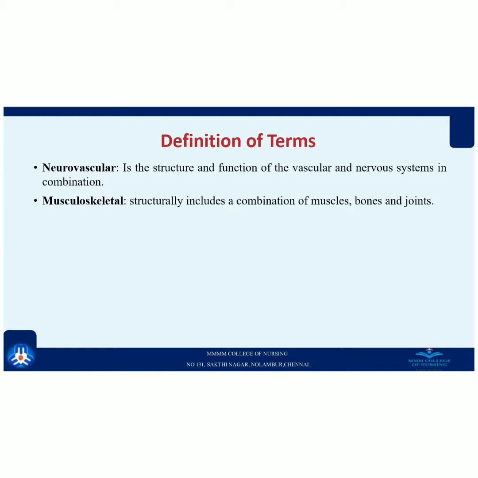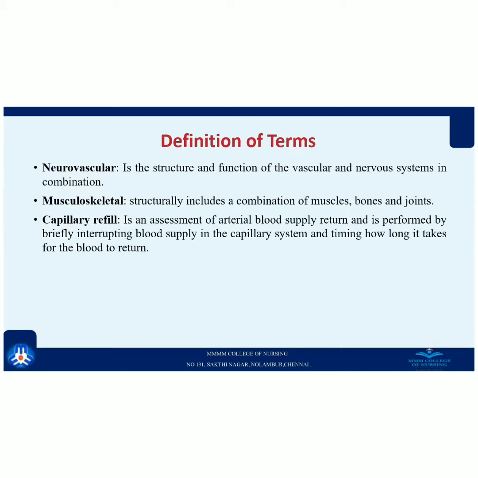It includes a combination of muscles, bones, and joints. Capillary refill. It is an assessment of arterial blood supply return, which is performed by briefly interrupting blood supply in the capillary system and timing how long it takes for the blood to return.